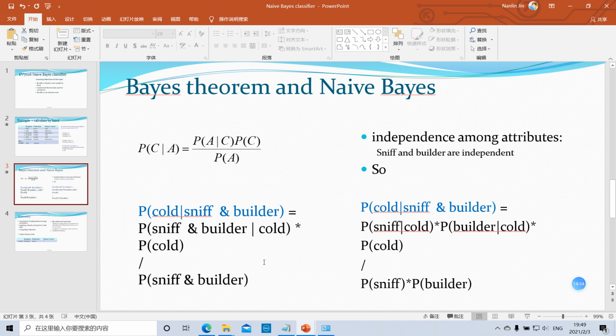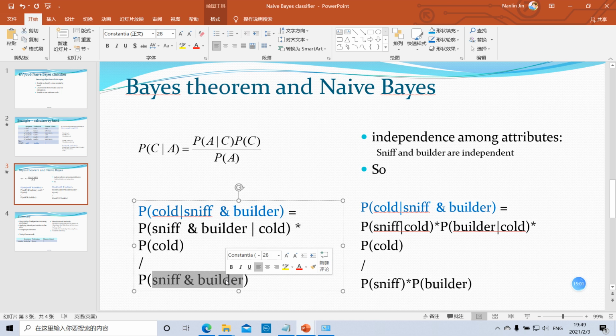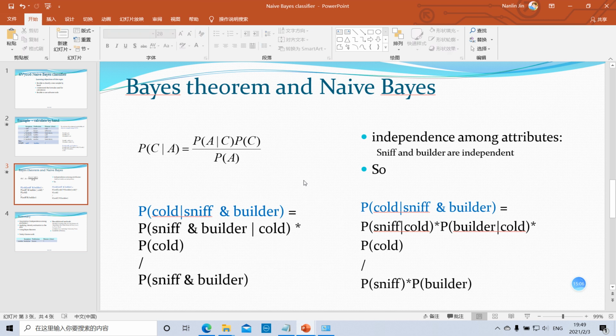As we have seen before, this should be interpreted as the class given the features, which is equivalent to the feature statement conditioned on the class, times the class probability, divided by the probability of all features in a joint statement. Okay? Because we need to simplify it, because we cannot calculate this.